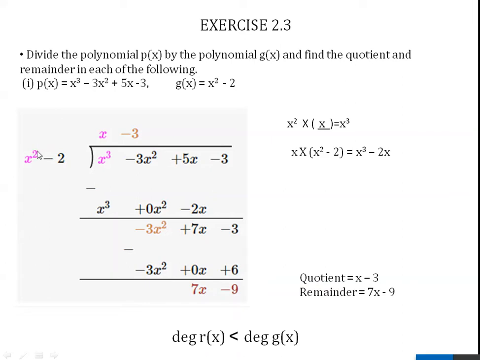What is the degree of g of x? It is 2. What is the degree of r of x here? It's 1. So 2 is greater than 1. So you will stop the division here. So the quotient is x minus 3 and remainder is 7x minus 9. Clear?